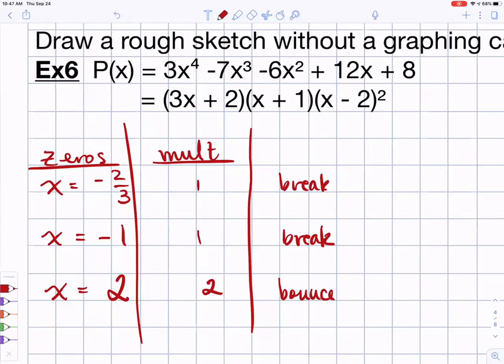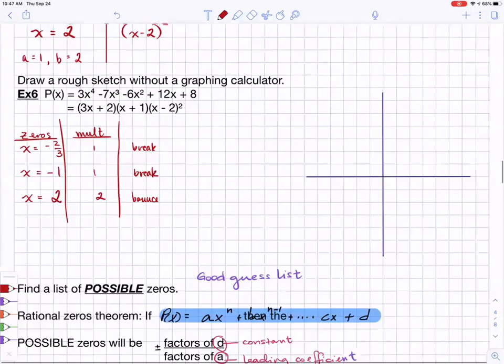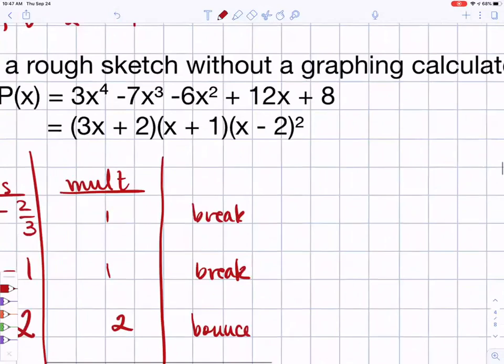So that helps me to know what my graph is going to be doing. All right. Before I move further, can you tell me about the end behavior? Both ends up. My degree is 4. My leading coefficient is positive.